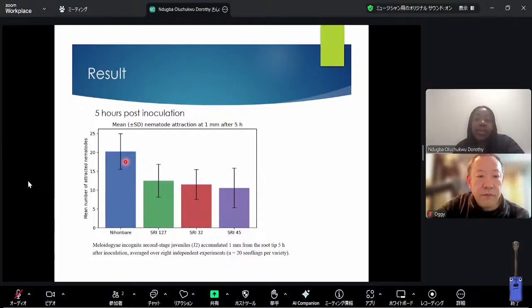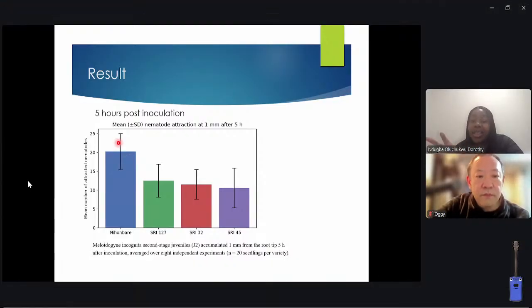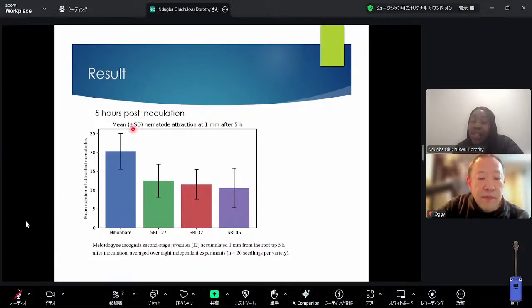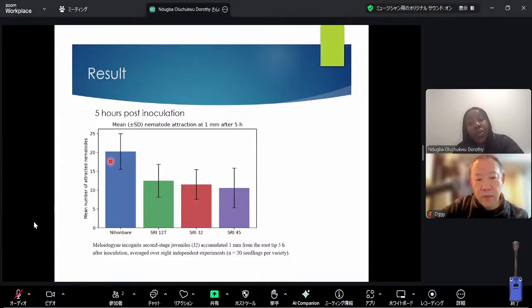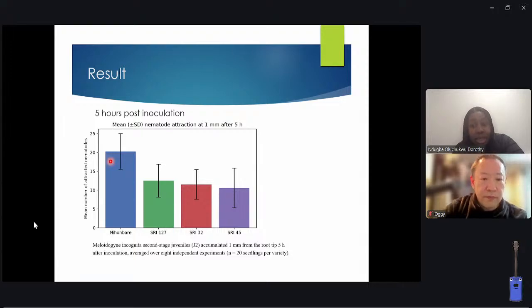So here is the result 5 hours after. The nematodes were counted, and we got the mean of the nematode attraction at 1 millimeter after 5 hours. These are the numbers we got. For Neon Barre, we got about 20 nematodes.